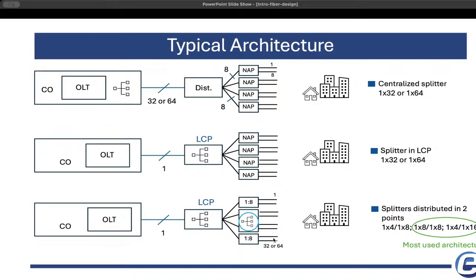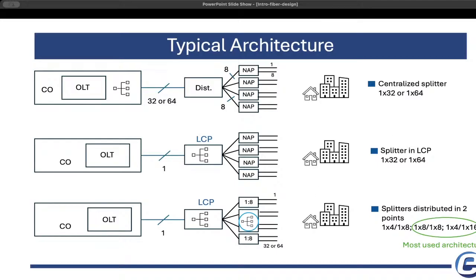So at the end, we have like 32 or 64 users. So you go from your CO, you have your distribution fiber, and then you have your local convergence point where you go through 4 points. And on this point, you distribute your 128. So you're going to have 8 users through each network access point.